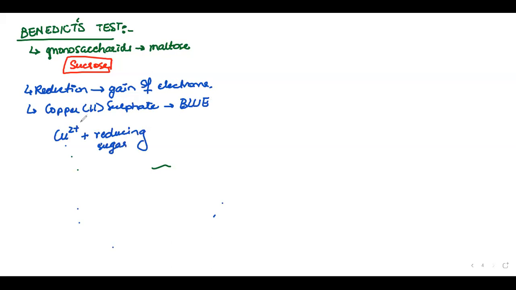The sugar will reduce the copper ions, so it will make the copper ion gain electrons. If the copper ion gains electrons, it will become less positive. So it goes from being Cu2 plus to being Cu plus 1. And along with that, the sugar will be oxidized, right?